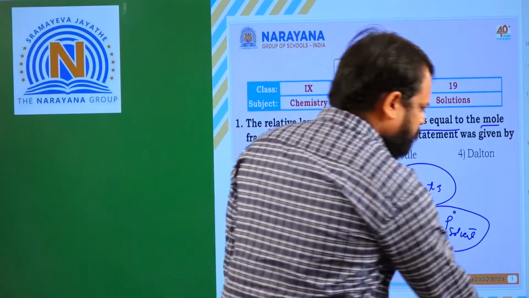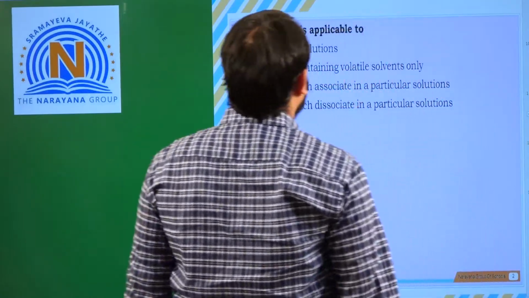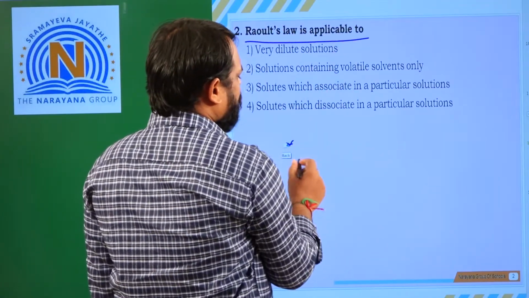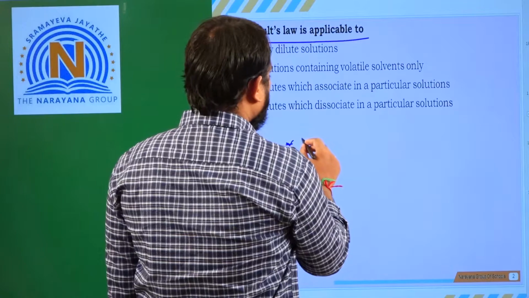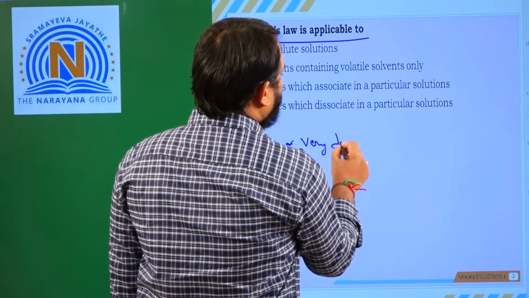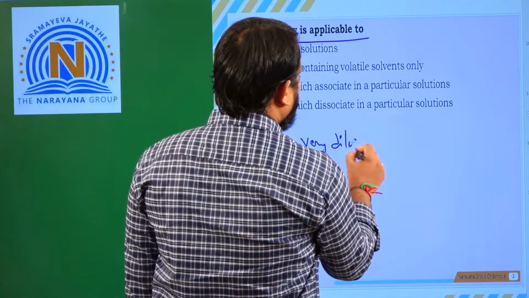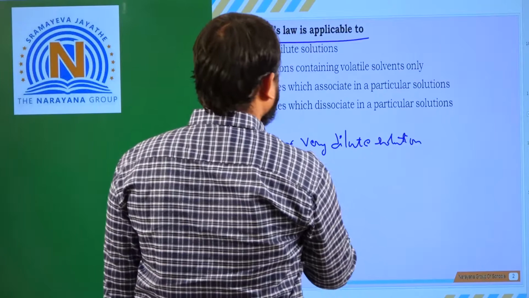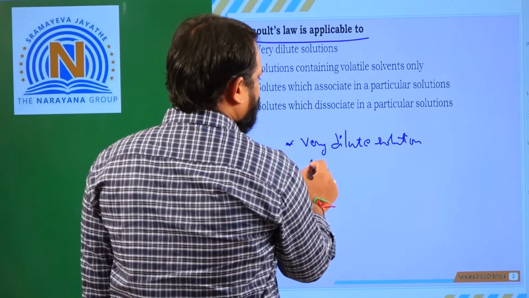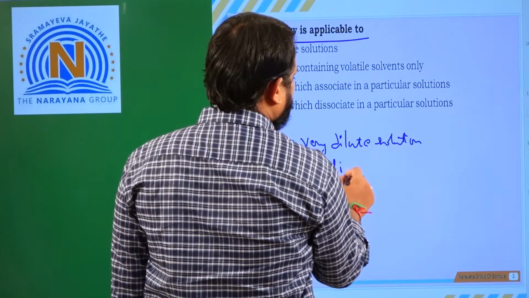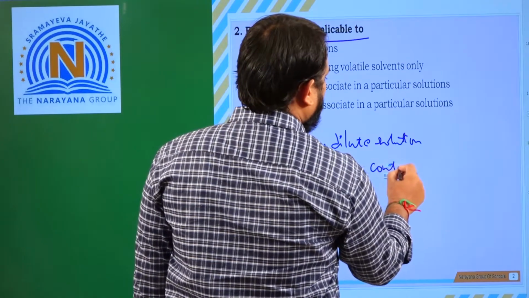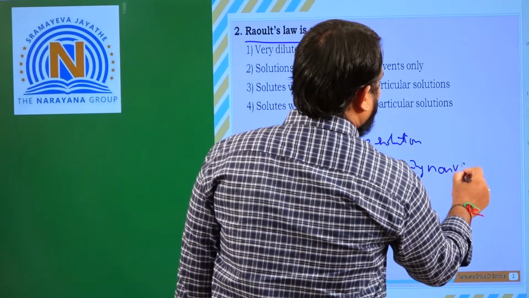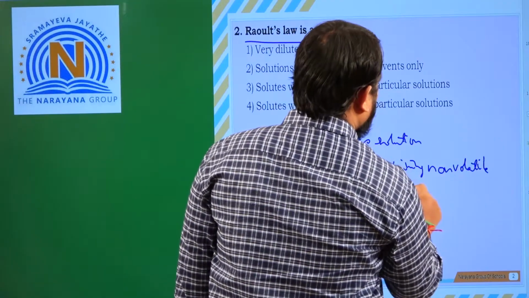And next question. Raoult's law is applicable to only very dilute solutions, that is the first point. The next is solutions containing non-volatile solvents only.